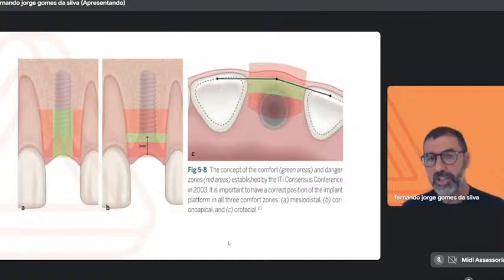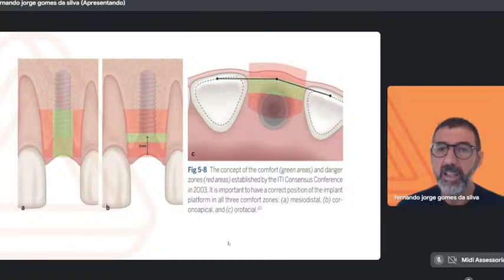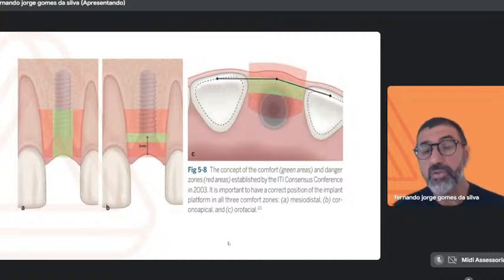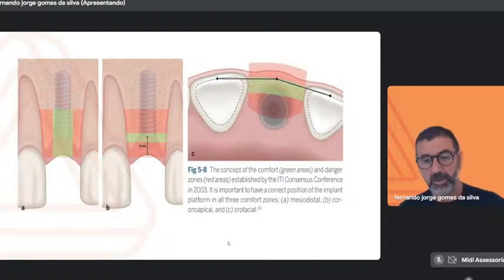And the orofacial comfort zone is when we place the implant with the most palatal approach, even in the socket, in the post-extractive implant, to avoid any kind of pressure on our buccal bone and avoid any kind of resorption and collapse of the soft tissues.